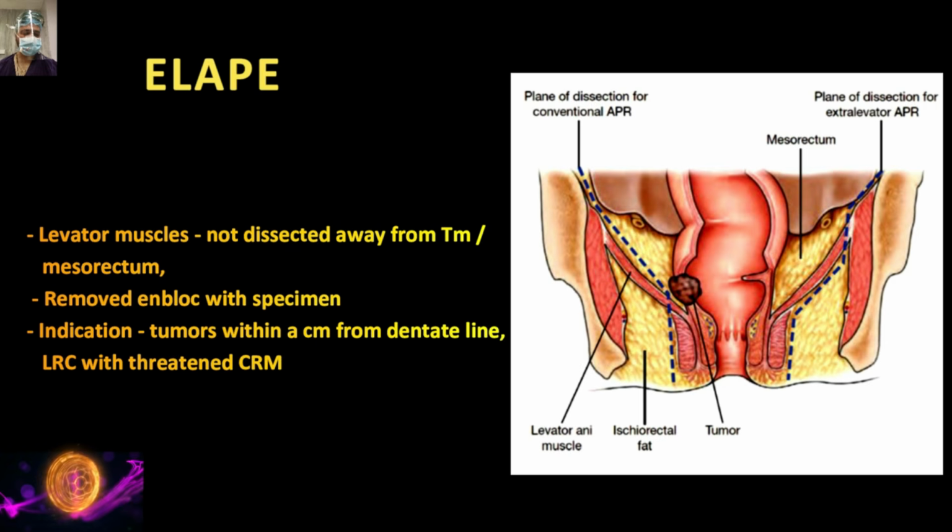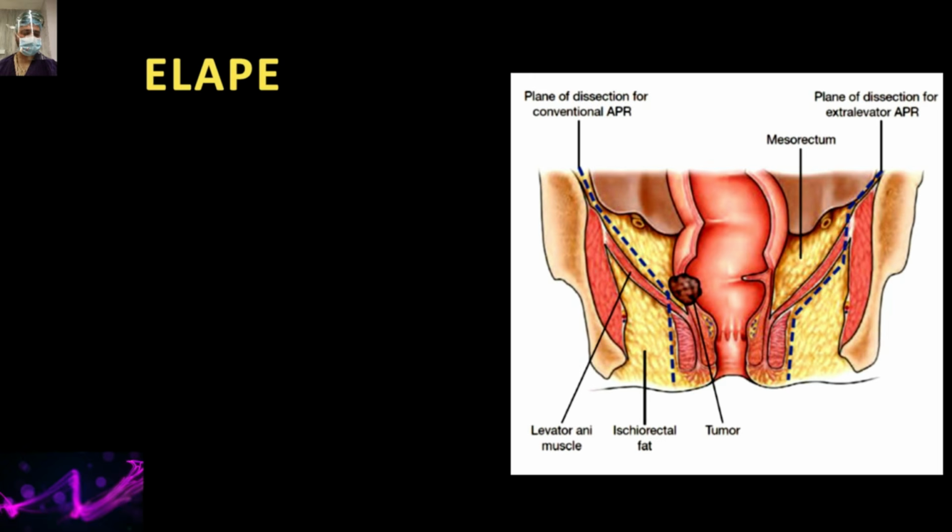If we do conventional APR in this case, then there is a high possibility that it will result in positive CRM. On the contrary, if we do ELAPE in this part, then the possibility of positive CRM is less. We have to remember this: when the tumor is within a centimeter of the dentate line, and when the circumferential resection margins are threatened, there is a role of ELAPE.